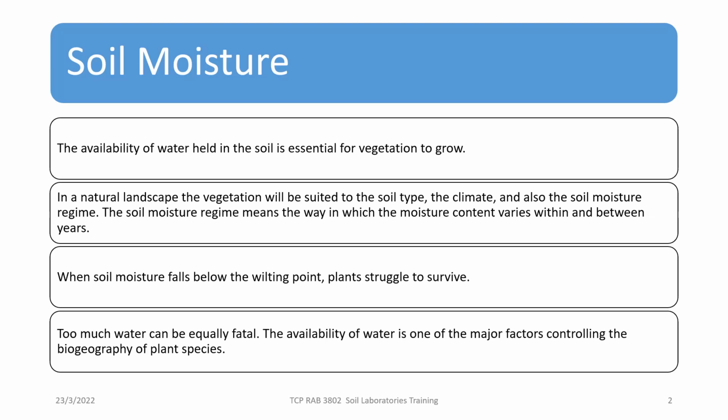On the other hand, when the soil is waterlogged or the moisture is too much, this will also lead to unavailability of oxygen and air in general, and this of course will lead to the death of crops and plants in general. So the availability of water is a major factor controlling the biogeography of plant species.